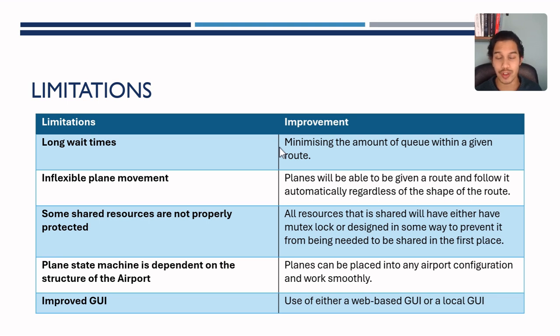We can reduce long wait times by either reducing the amount of queuing or introducing new rules for the length of each runway. We can have airplanes follow a given route automatically regardless of the shape of it. We can have shared resources either be protected by mutexes or designed in a way where they aren't shared.